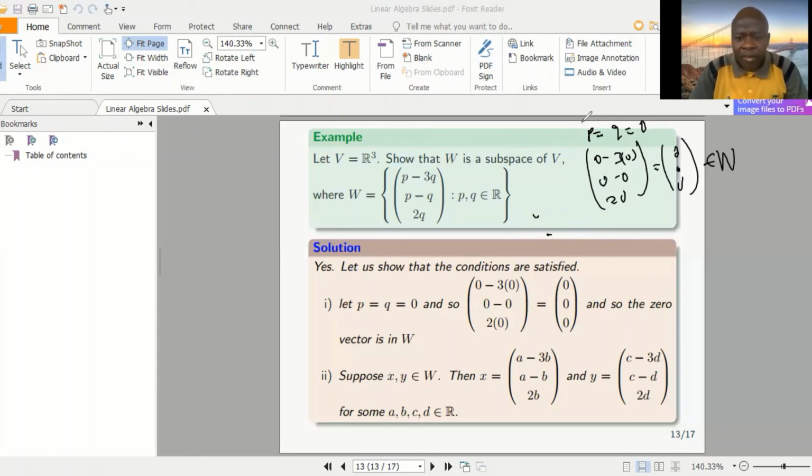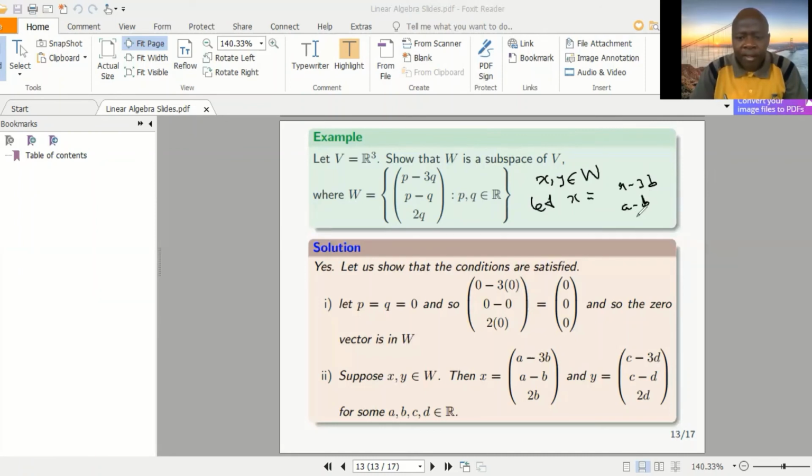Let's go to the second condition. I want to pick vectors x and y in W. And I want to let x be m minus 3b, m minus b, and 2b.